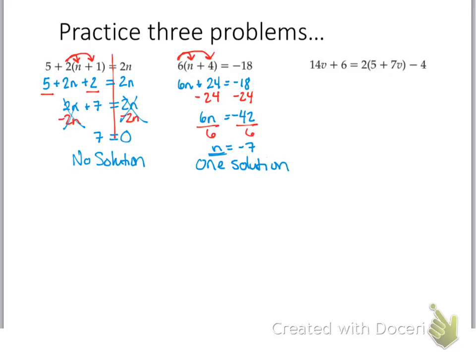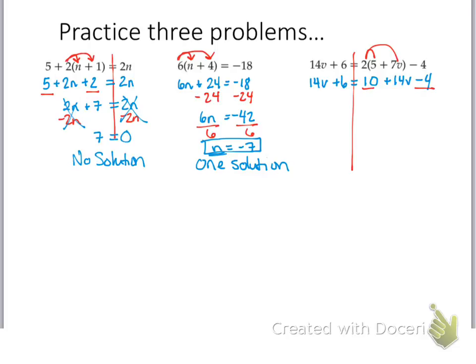You do not have to write one solution when there is one solution. You just tell us what the solution is. So now we know the last one's going to be infinite solutions, but let's make sure we can solve it correctly. First thing I'm going to do is distribute. That gives me 14v plus 6 equals 10 plus 14v minus 4. Now I need to simplify each side.